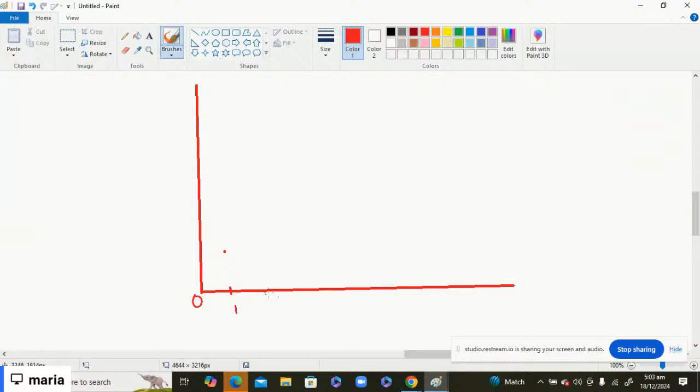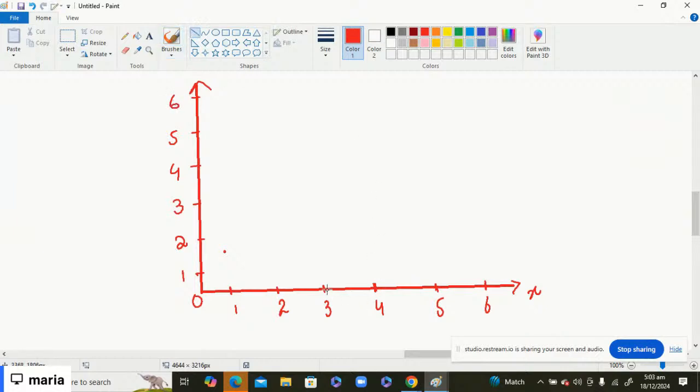Then it's 1, 2, 3, 4, 5, and then 6. This is called your x-axis. Now on the y-axis I'm going to take 1, same thing, 2, 3, 4, 5, and 6.